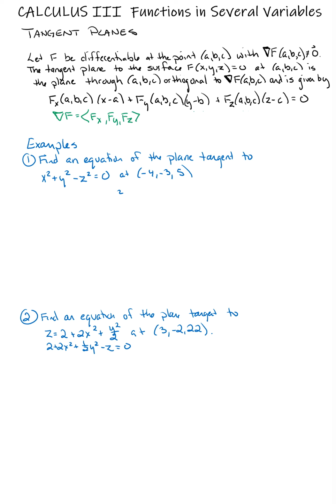Also, make sure you understand what's going on here. This tangent plane is orthogonal to that gradient through this point. So make sure you understand that this gradient is orthogonal to the tangent plane at that point.